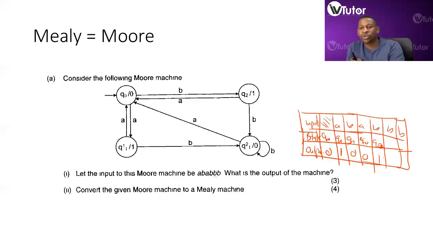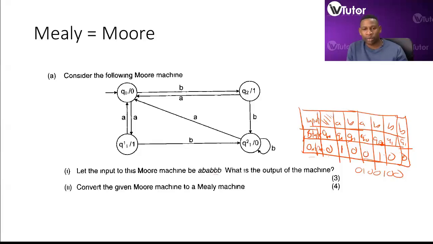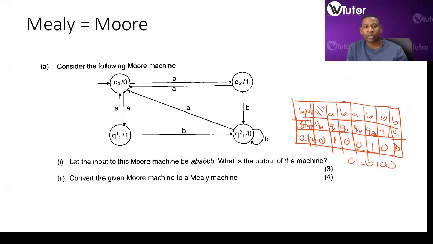If you're in Q2 and you encounter B, then you go to Q1 with an output of a 0. Then if you're in Q1 and encounter B, you stay in Q1 with an output of a 0. So the output becomes 0, 1, 1, 1, 0, 0.